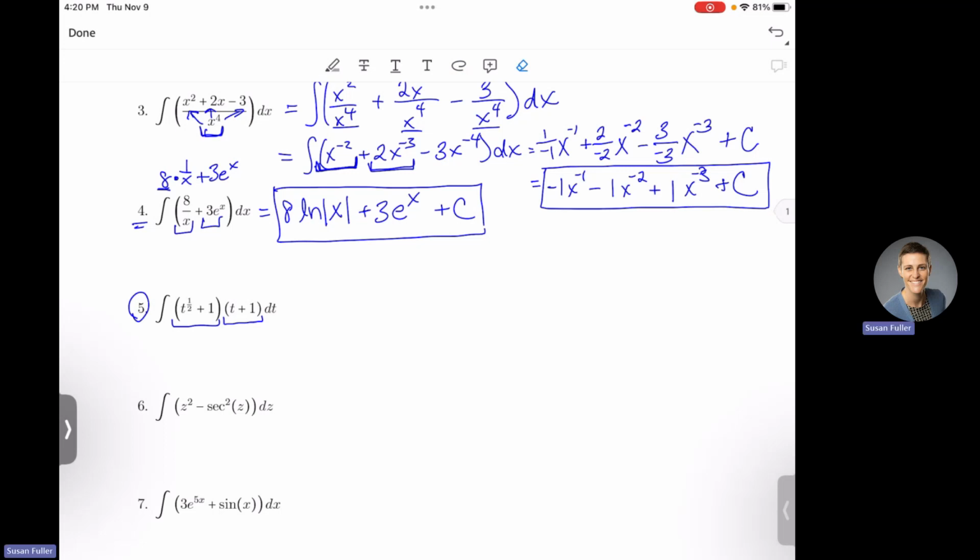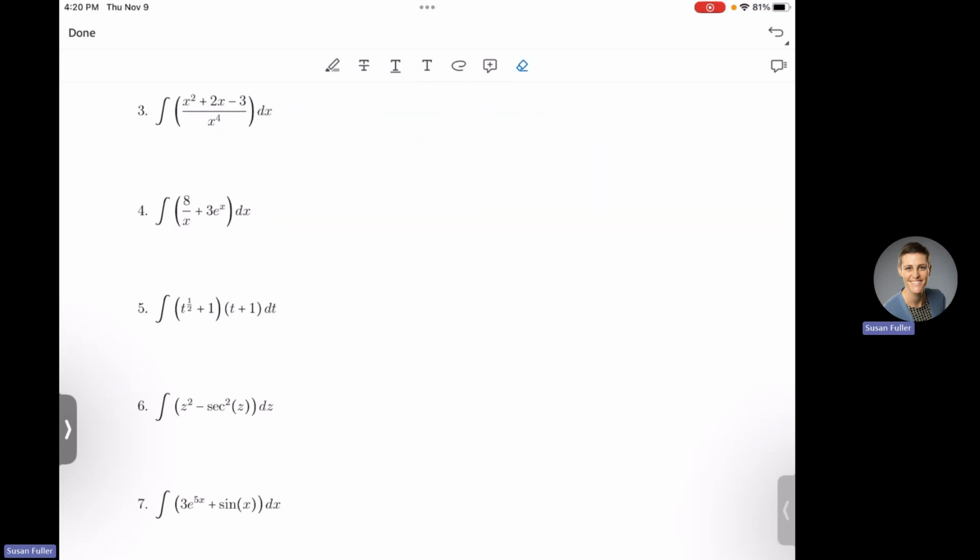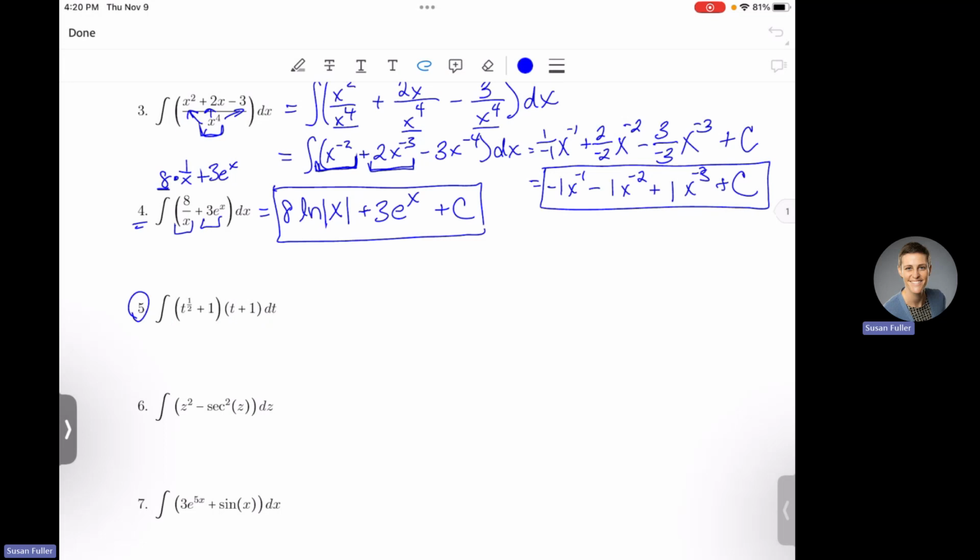No, if we have something with a t in it times something with a t in it, we need a product rule, which is complicated. And right now, we don't know how to undo the product rule. So what we're going to do instead is use algebra as our friend. Instead of trying to do this as one thing times another thing, I'm going to multiply all of this out and FOIL so that instead of two things being multiplied, I want a bunch of things being added.